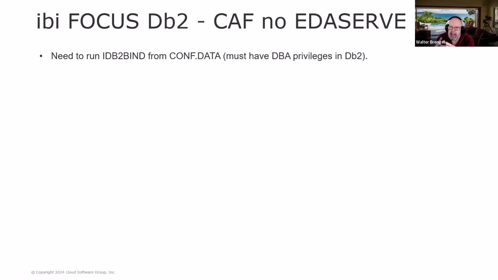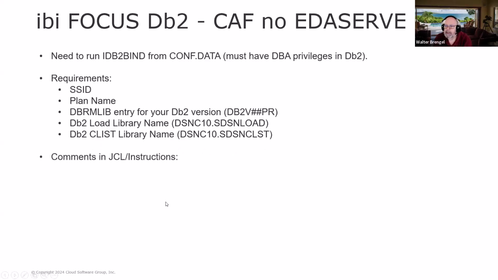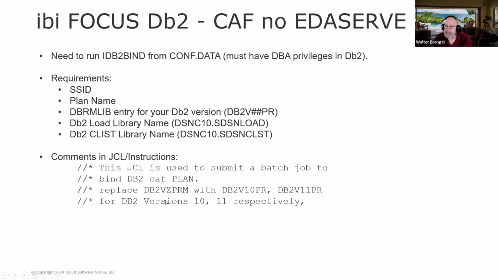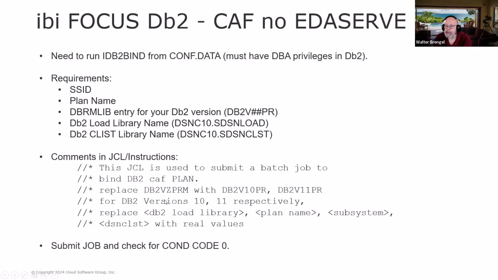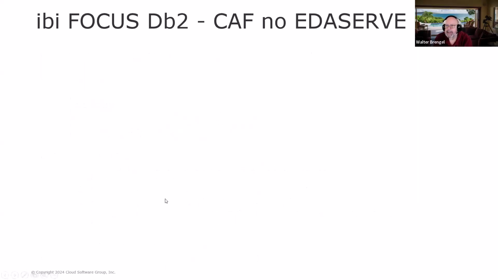If you do it without edit-serve, you still need to run the IDB2 bind. So that hasn't changed. You still have to grant execute on the plan to your population that's going to access this. Then instead of an edit-serve, you need to copy RR-set number.